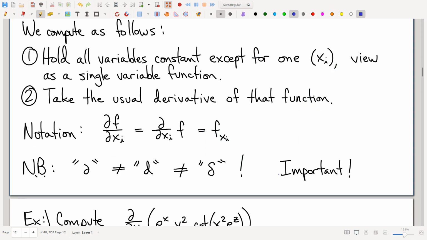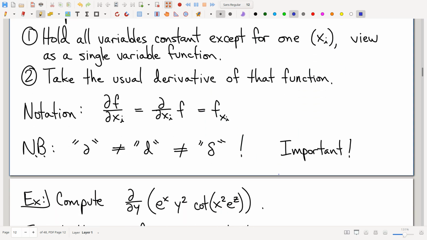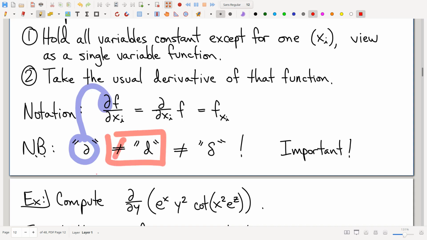Okay, now please do be very careful to notice that this symbol right there is not a lowercase d. Very important. You cannot put a d there. That's wrong. That's not notational preference. That's wrong.